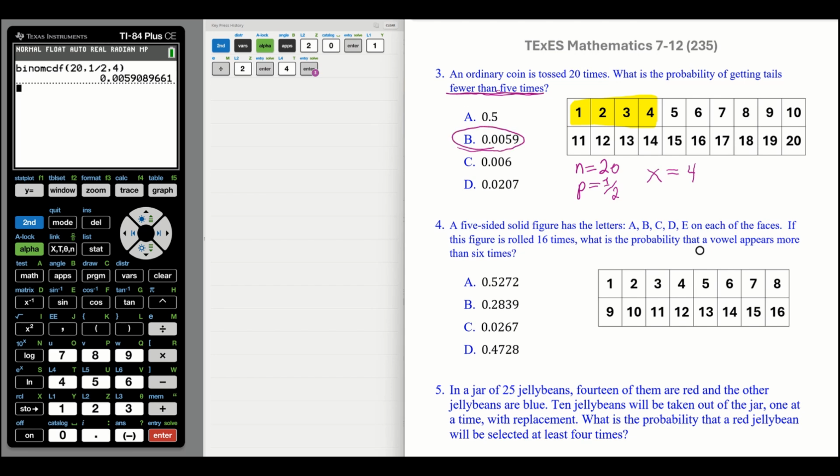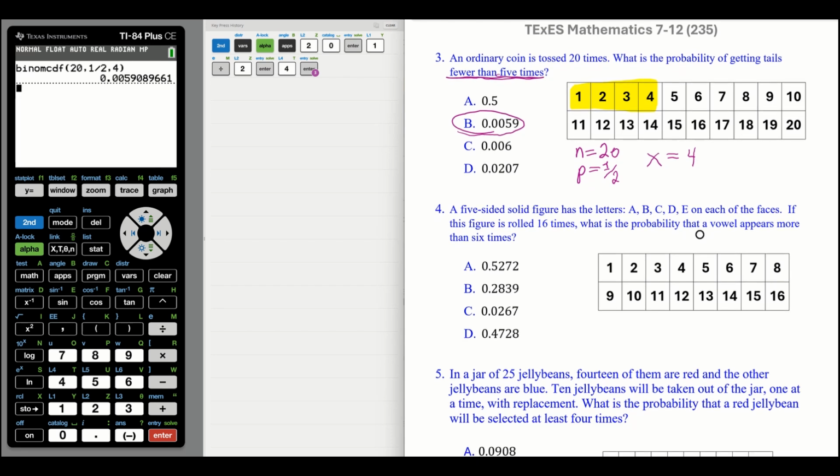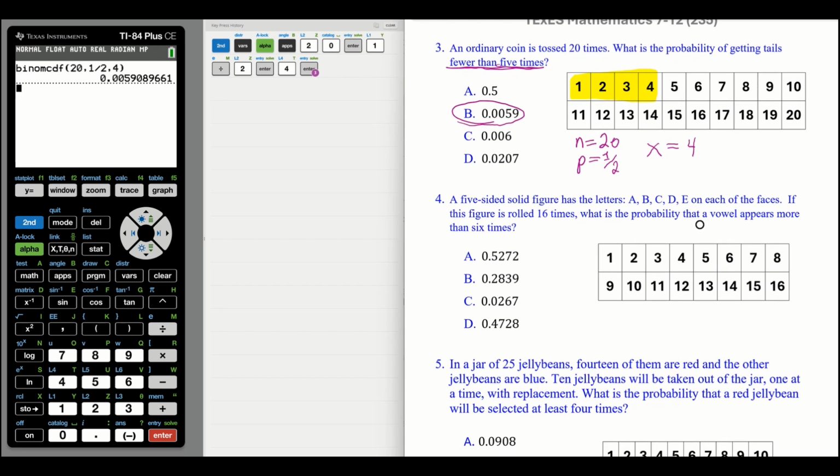Okay, number 4. A five-sided solid figure has the letters A, B, C, D, E on each of the faces. If the figure is rolled 16 times, what is the probability that a vowel appears more than 6 times?